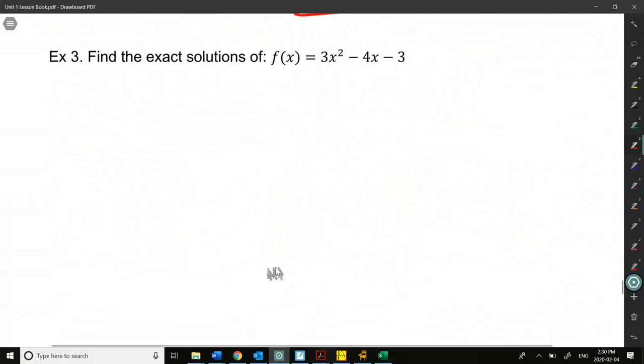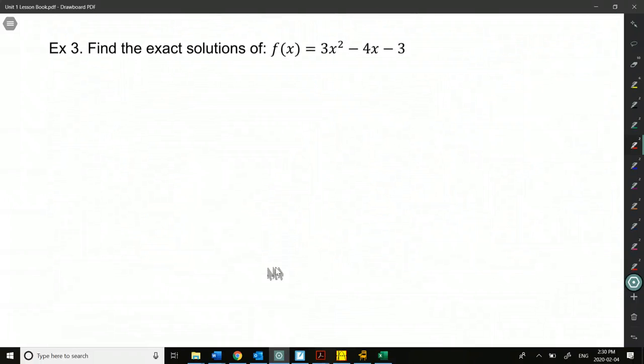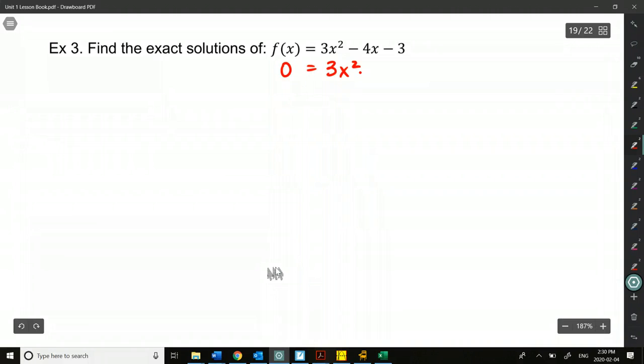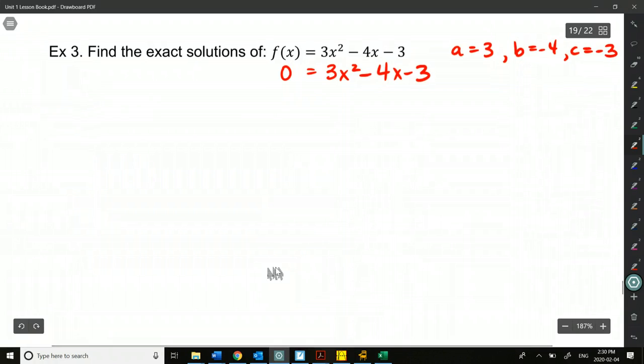Okay, last one. So we want to find the exact solutions or x-intercepts here when this is equal to 0. You're going to plug this into the quadratic formula.